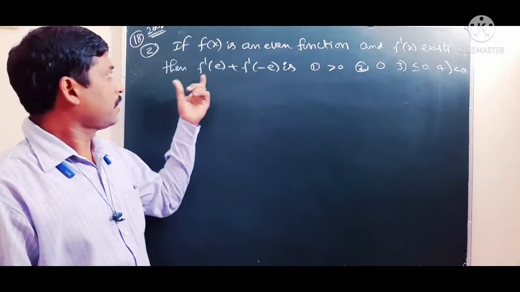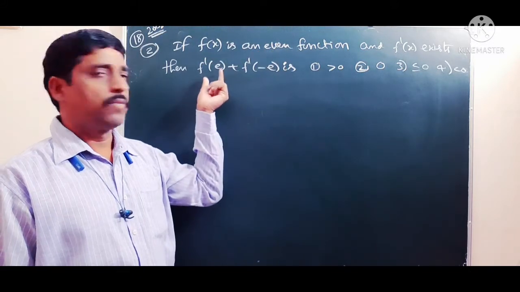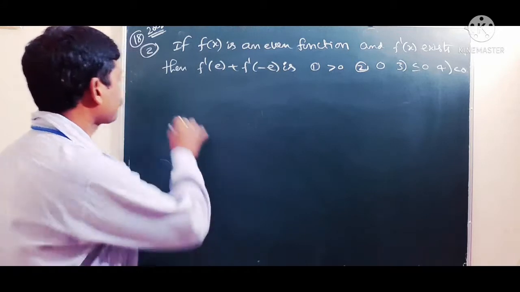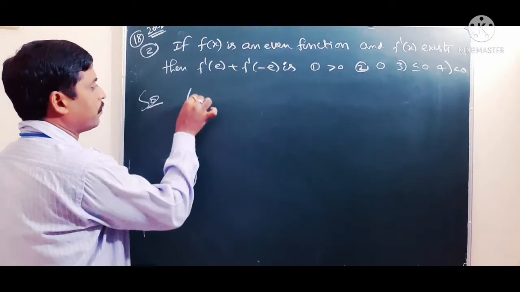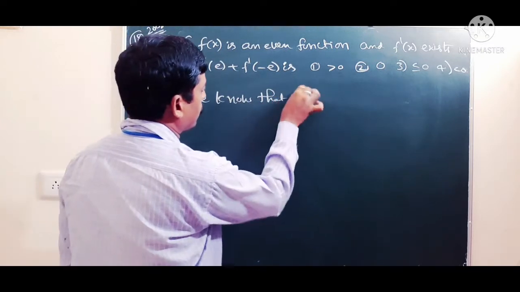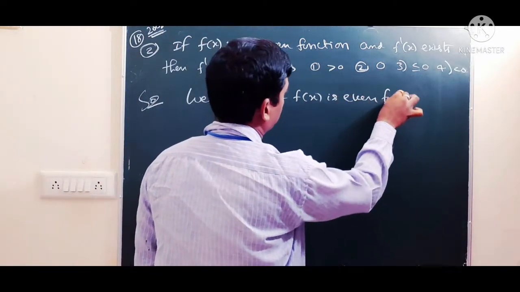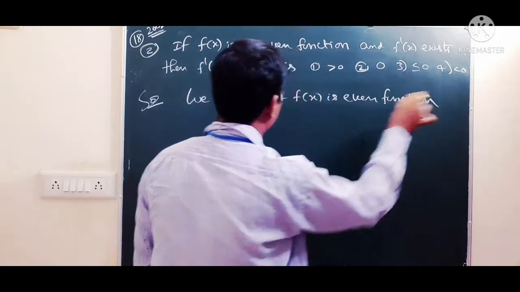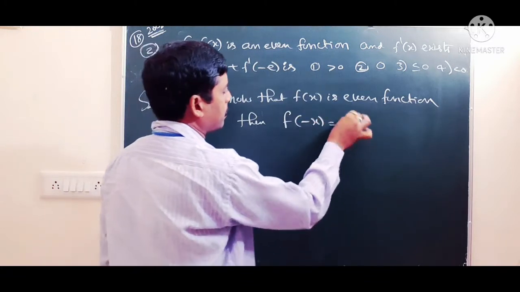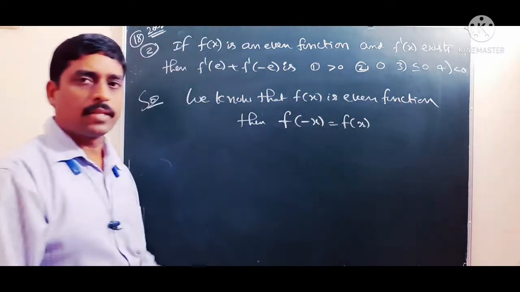Let us go to the next problem. This is from 2008, where f of x is an even function. Then we have to find f dash e plus f dash of minus e. We know that if f of x is even, then f of minus x equals f of x.